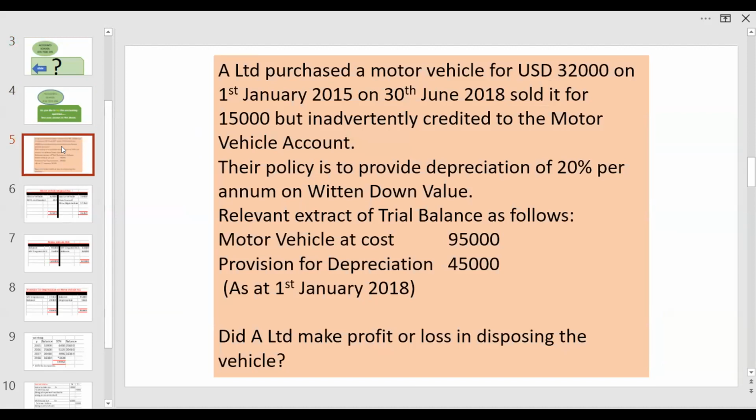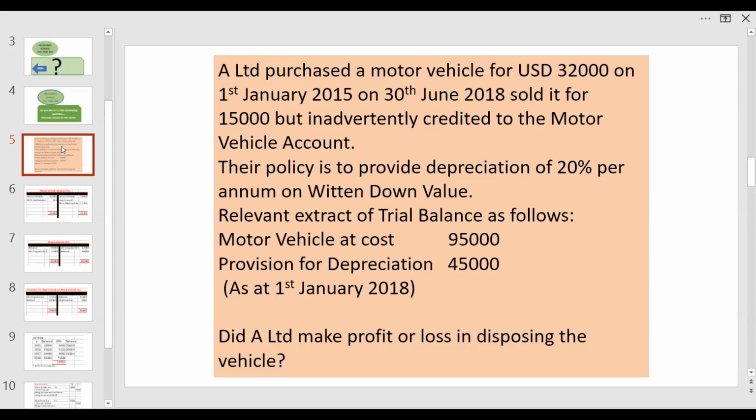A Limited purchased a motor vehicle for USD 332,000 on 1st January 2015 and on 30th June 2018 sold it for 15,000, but inadvertently credited to the motor vehicle account. Goes without saying, the sales proceeds.